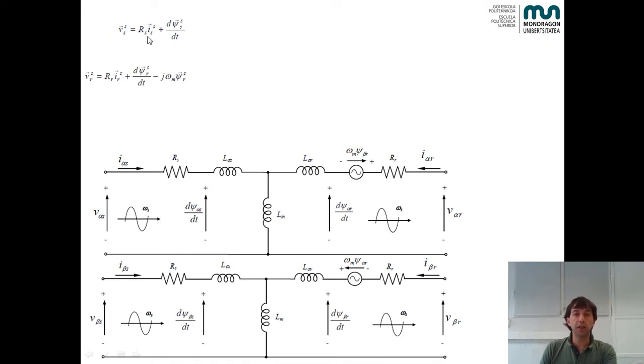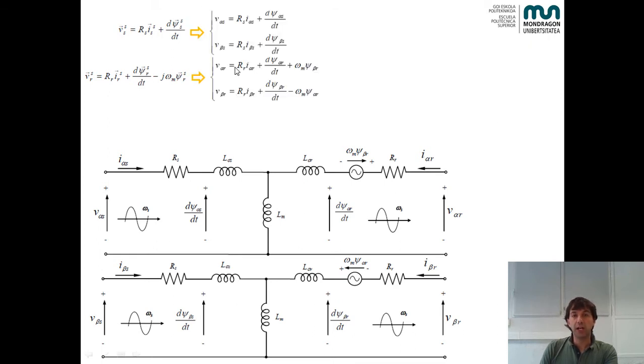And this can be made in a space vector representation, which has two components, as we have said, alpha and beta, for each voltage of the stator and of the rotor. So here is the stator voltage equivalent circuit represented by these equations.